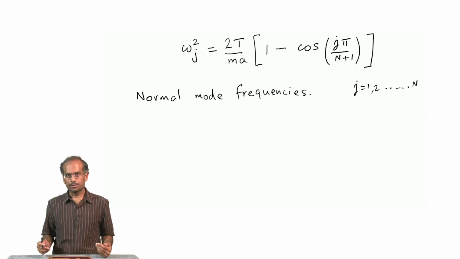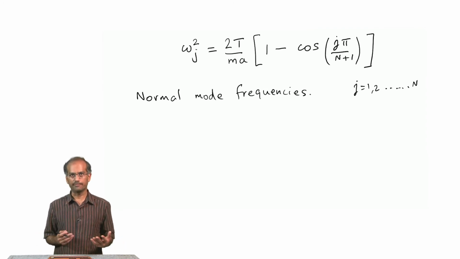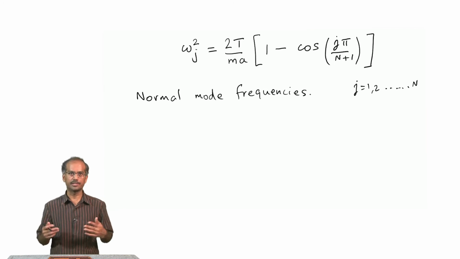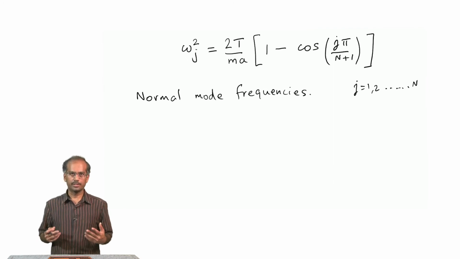And here, as you will notice, we had n oscillating particles in our system and we have n normal mode frequencies. So, omega j, where j runs from 1 to n, basically tells you that there are n possible normal mode frequencies. So, we already saw a bit of this in the simpler version of the problems that we did in the previous module.